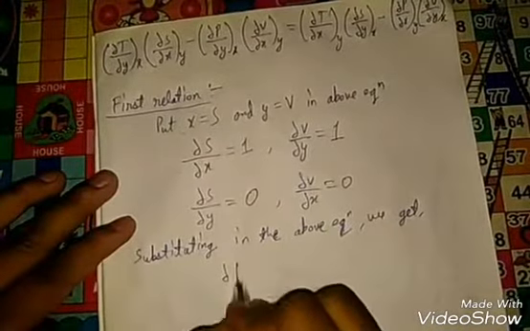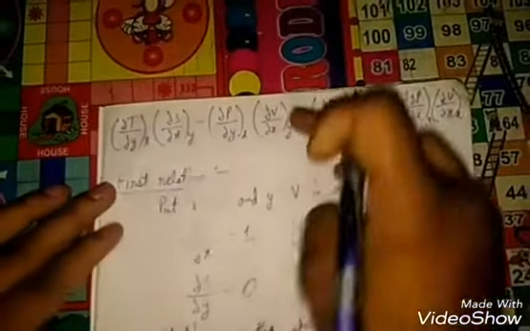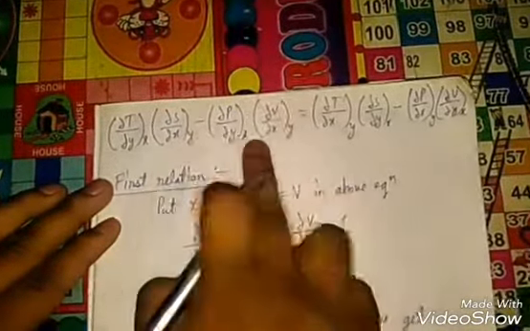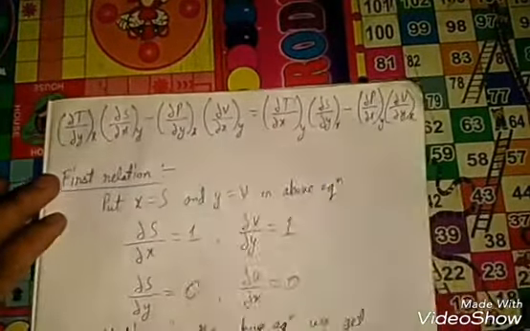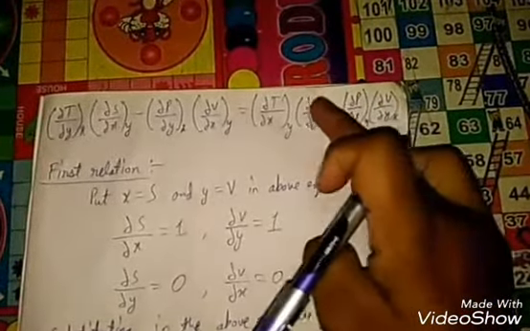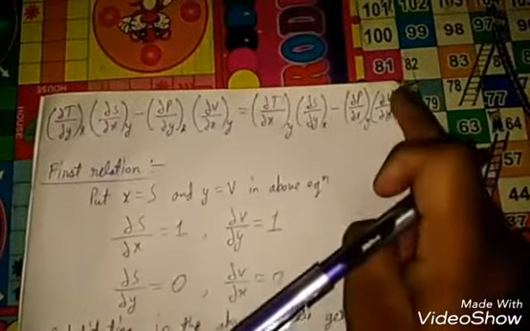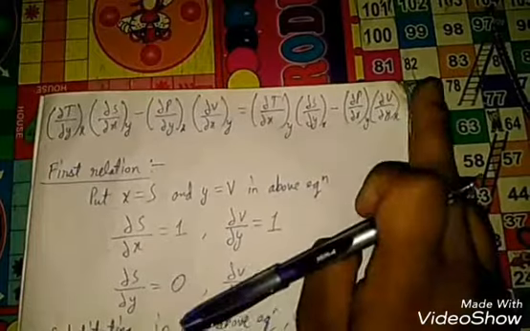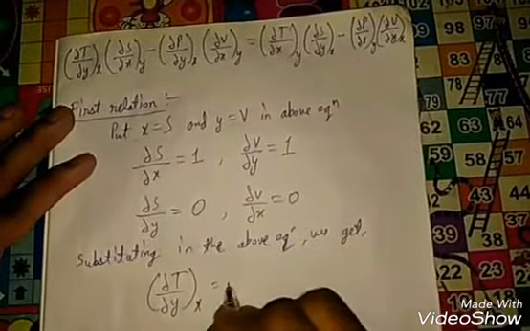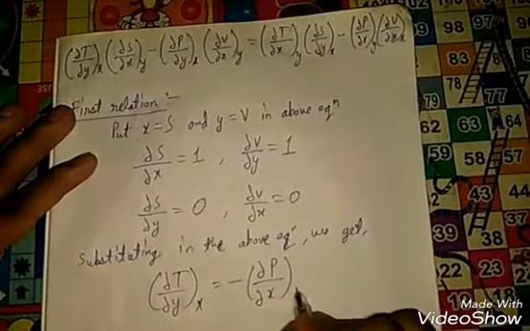Now here del v by del x turns to 0, so this term gets cancelled. Now behind the equal sign, del s by del y turns to 0, so this term gets cancelled, and del v by del y turns to 1, so we get on the right hand side of the equal sign minus of del p by del x, keeping y constant.